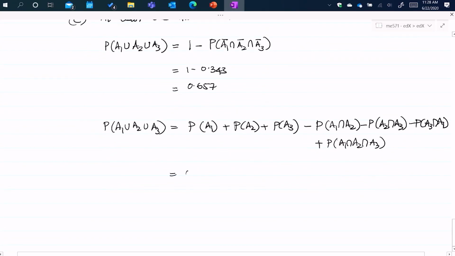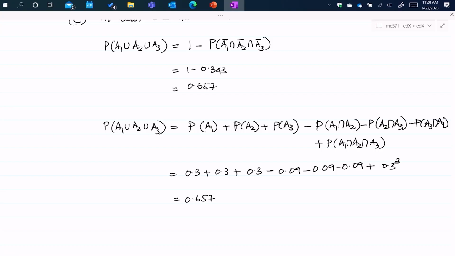Substituting values, this is 0.3 plus 0.3 plus 0.3, minus 0.09, minus 0.09, minus 0.09, plus 0.3 cubed, and this again turns out to be 0.657.